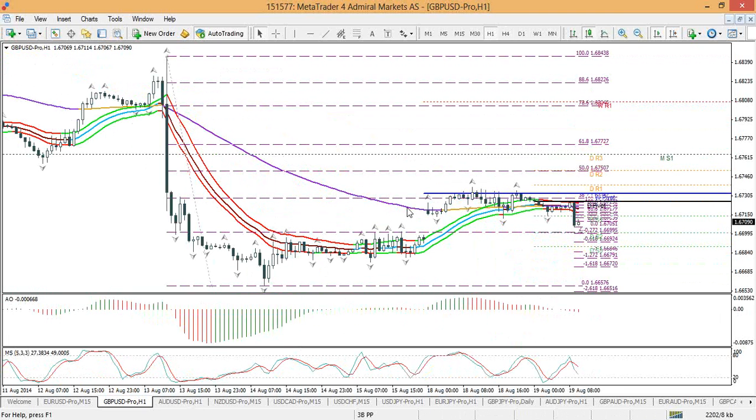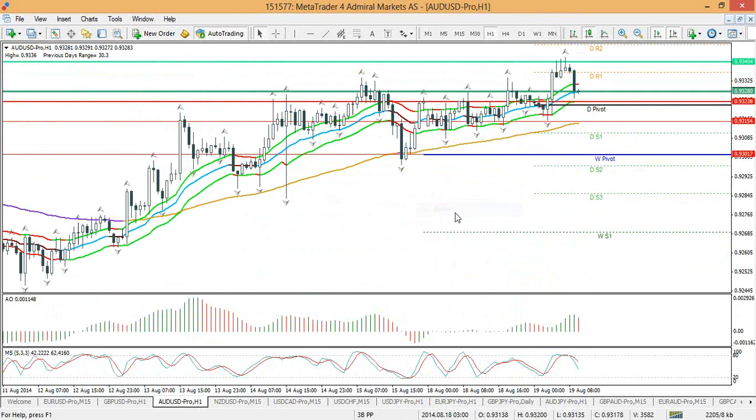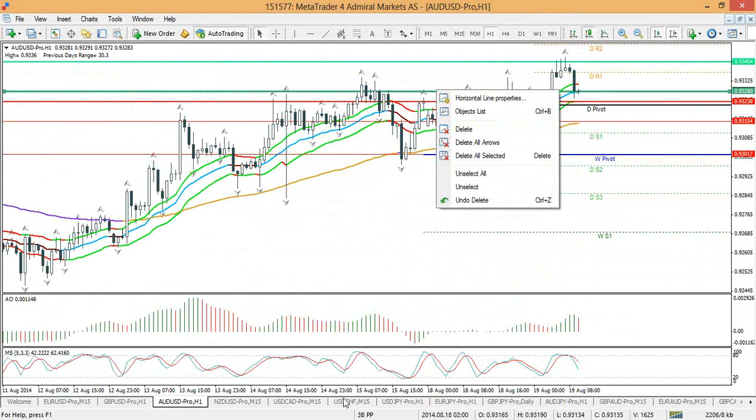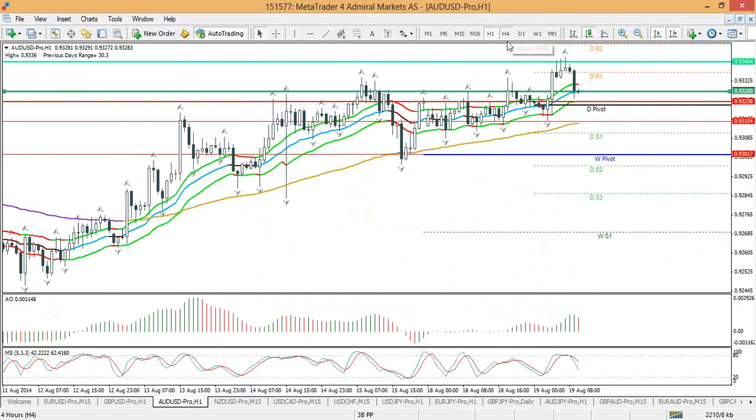USD doesn't seem that interesting. Let me refresh the template here. Does not seem that interesting. I got too many lines here. One second, folks.